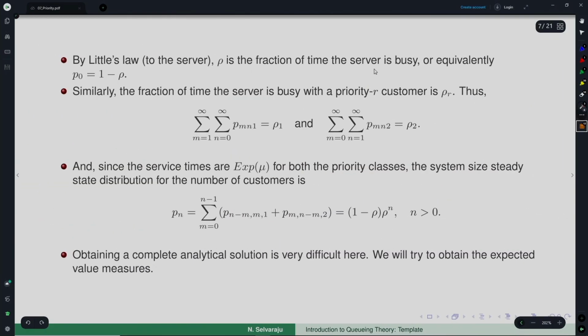We call this the two priority single rate model, and we wrote the balance equations. It is very difficult to get a complete solution for the steady state system size probability.